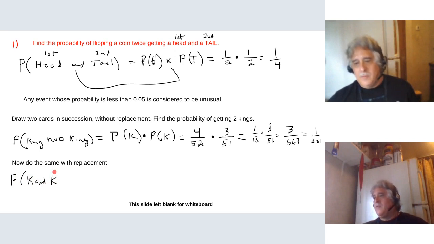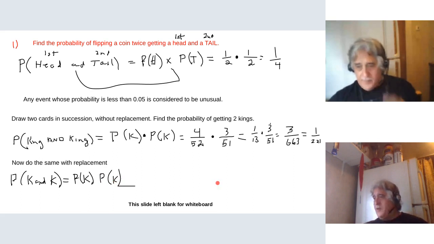I'm just going to say probability of K and K is equal to the probability of K times the probability of K. Still the same thing. And I'm going to kind of show you the formulas that they use in the book can be a little bit confusing.